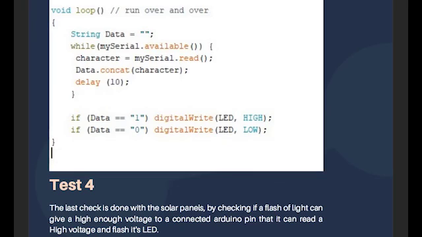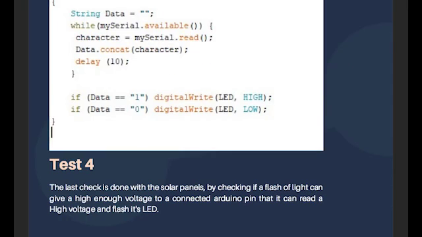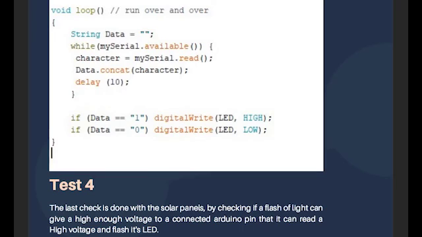There would be a character in the buffer, and then we'd read that character, and then we'd make it concatenated data. And then if data is 1, we'd make the built-in LED light up, and if it's 0, we make the built-in LED become low. And if it lights up, that means that the solar panel is transmitting and everything is all right.